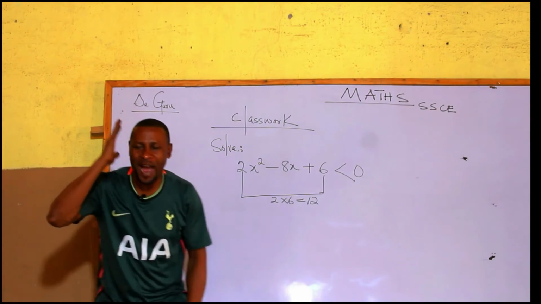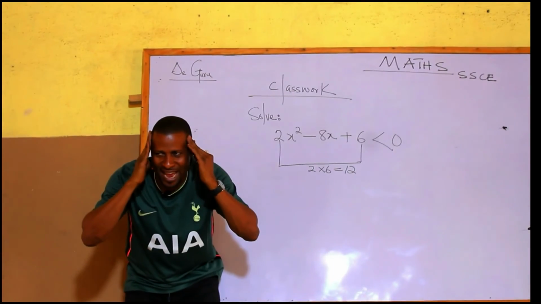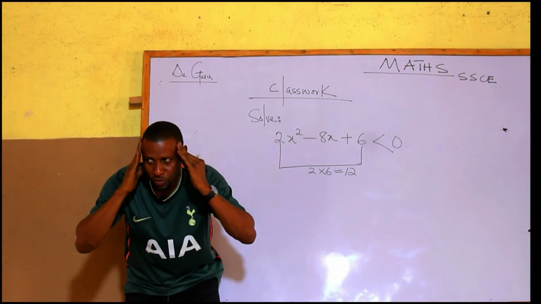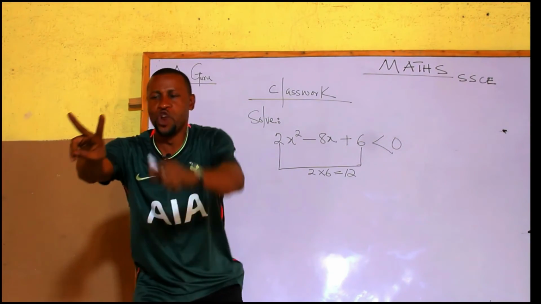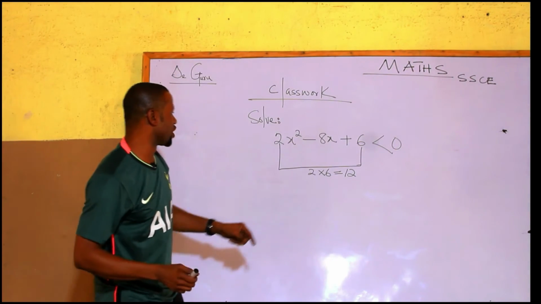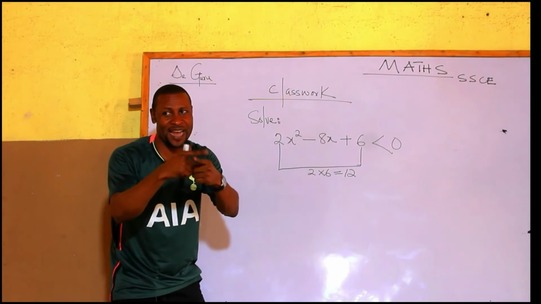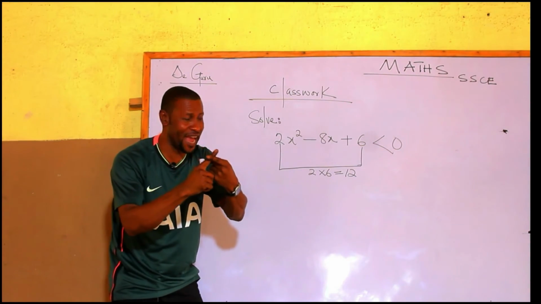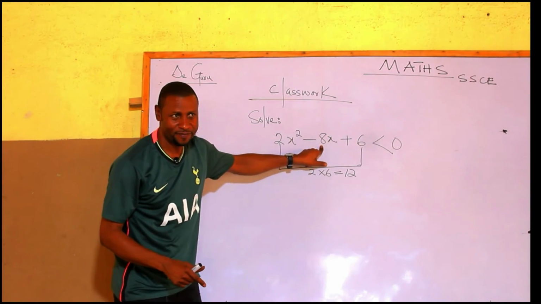Now I will use my brain. Use your head to reason. Think of 2 numbers that when you multiply them, give you this 12, but when you add them together, give you this minus 8, the coefficient of x.